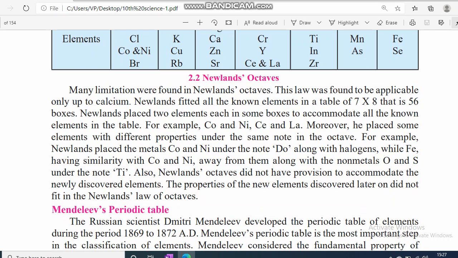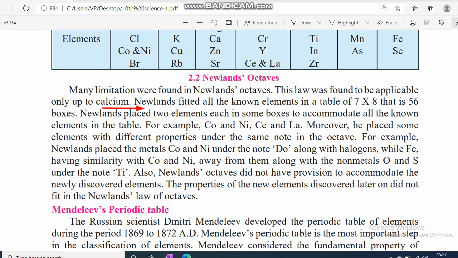Next, many limitations were found in Newlands' law. This law was found to be applicable only up to calcium. Newlands fitted all the known elements in a table of 7 by 8, that is 56 boxes. Newlands placed two elements in the same box to accommodate all known elements in the table, for example cobalt and nickel, cerium and lanthanum. Moreover, he placed some elements with different properties under the same note in the octaves.